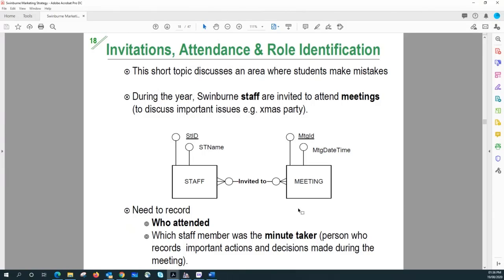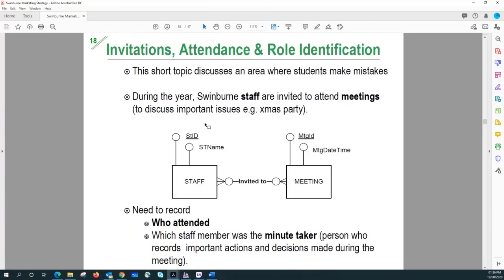Imagine that at Swinburne, we have meetings. Every year we have different types of meetings, and staff are invited to different meetings, right? So we have a staff entity and a meeting entity. Say, for example, we have a meeting to discuss how we are going to go with the December Christmas party.